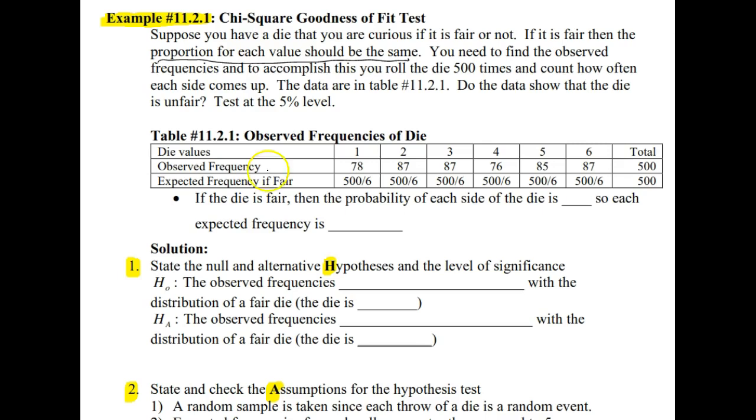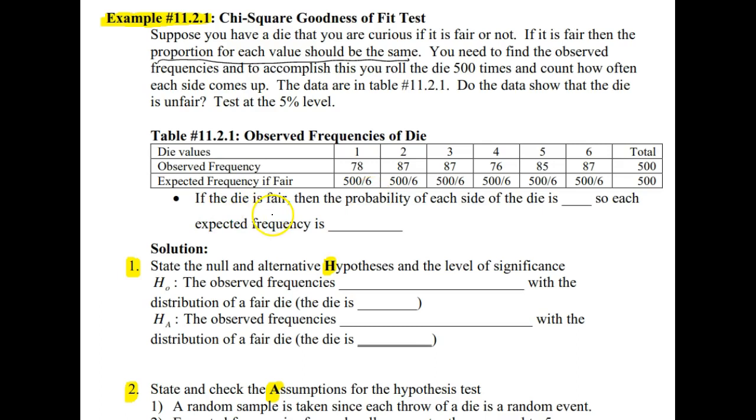In our table, they observed 78 ones, 87 twos, 87 threes, 76 fours, 85 fives, and 87 sixes when they rolled the die, for a total of 500. As we look at those, they're all fairly close to each other. They didn't all come out exactly the same, but with 500 die rolls they can't, as we'll see in a second.